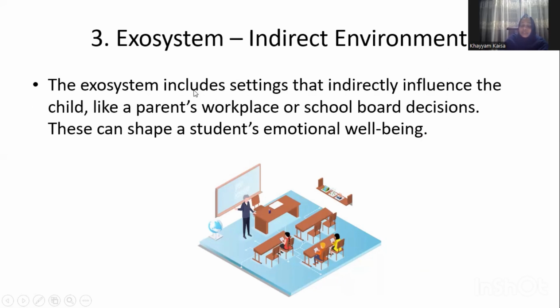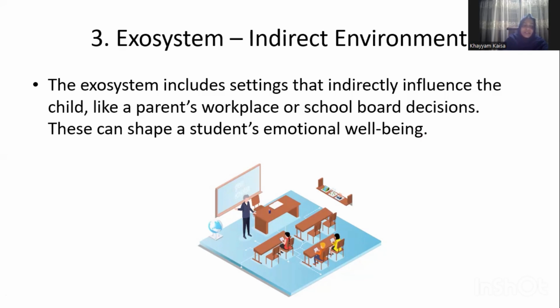That means the exosystem includes settings that indirectly influence the child, like parents' workplace or school board decisions. These can shape a student's emotional well-being. These include settings that do not directly involve the students but still influence their development, such as parents' workplace, school policies, or community programs.